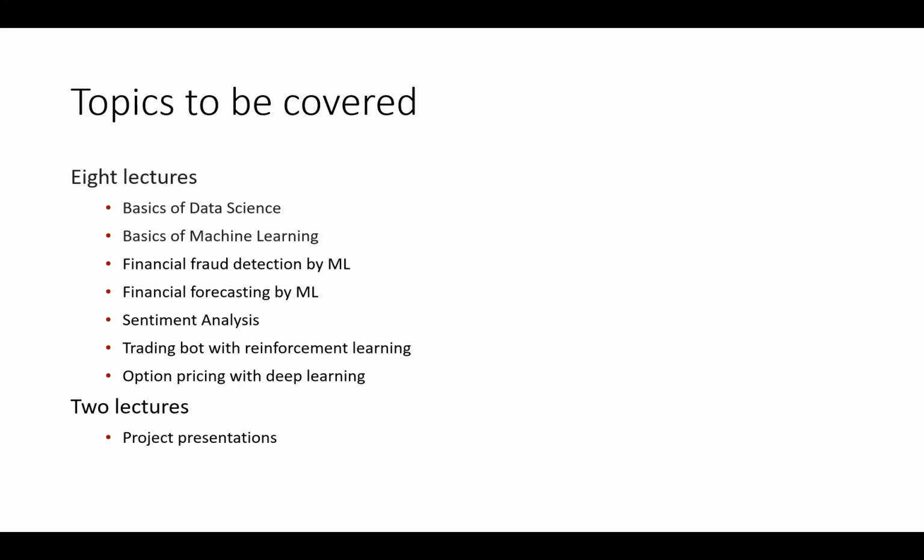So after the first 2 weeks, we will cover 5 different areas or problems in finance and trading, and see how to apply different machine learning techniques to solve them. First, we will study how to apply machine learning to detect financial fraud.